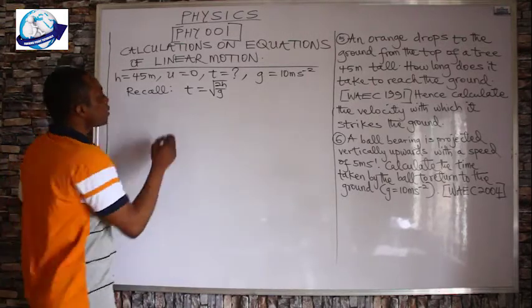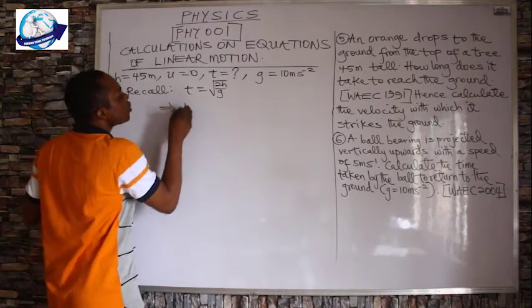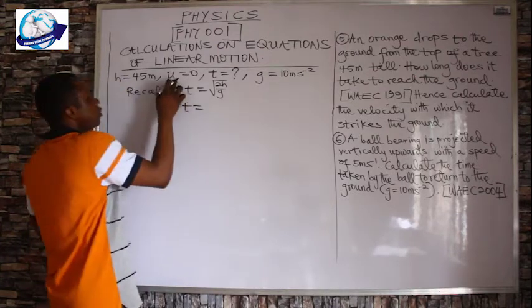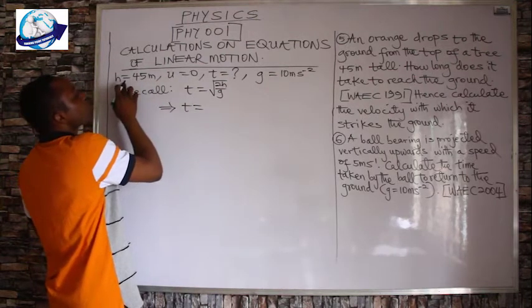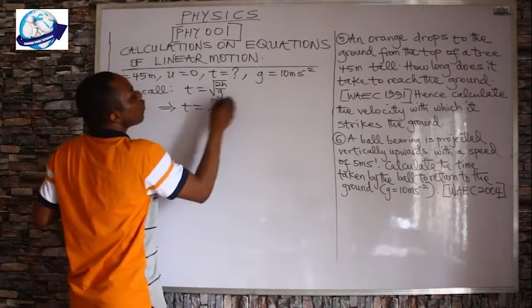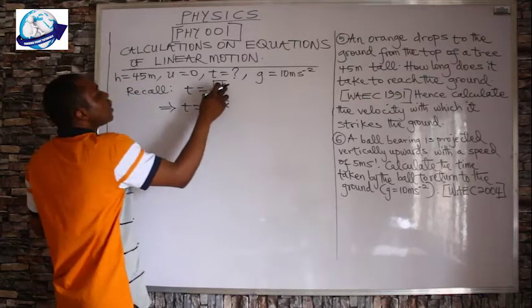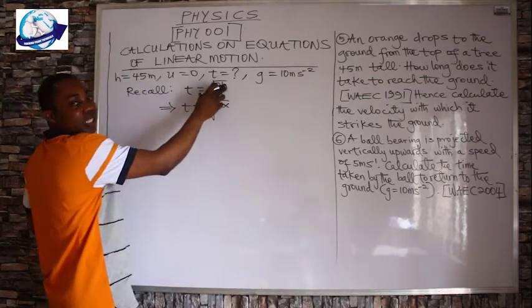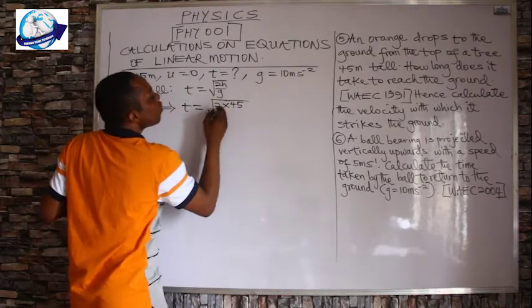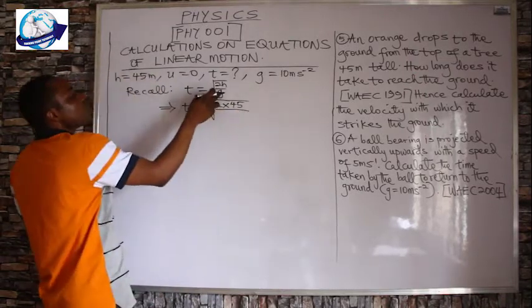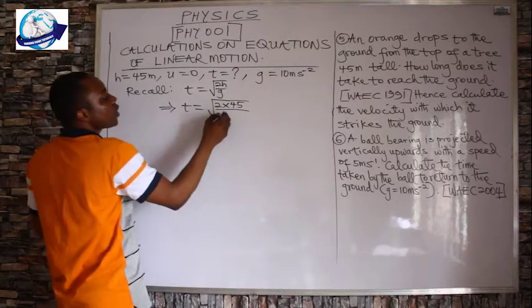And what you need to do right now is substitute. t is equal to, and your initial speed is already 0, so we say the square root of 2 times the vertical distance, 45 meters, all over g, the acceleration due to gravity, that's 10.